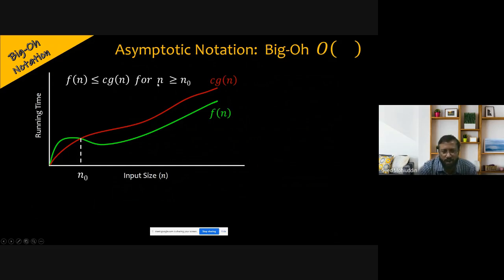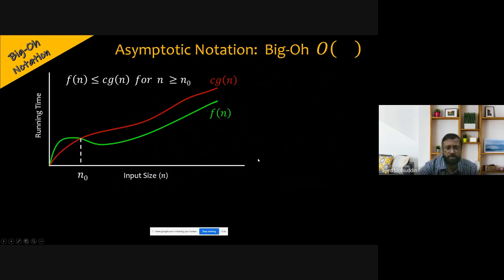Here f of n is more and c g of n is smaller. But from some point, n0, when n is greater than n0, towards the right side, f of n will always be smaller than c g of n. Obviously, it is smaller.